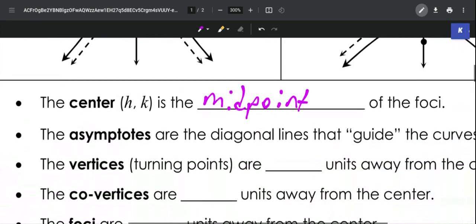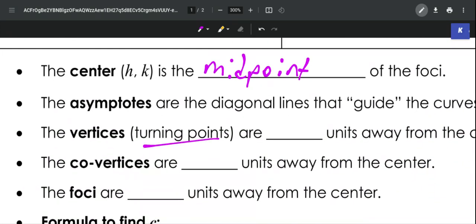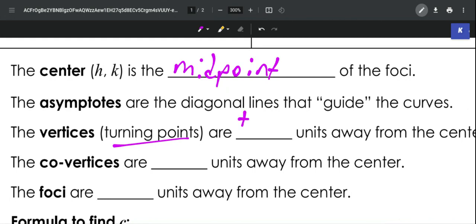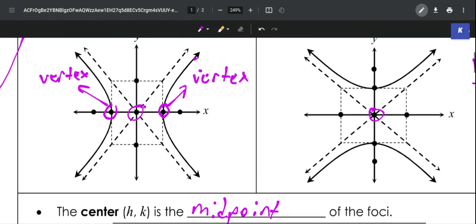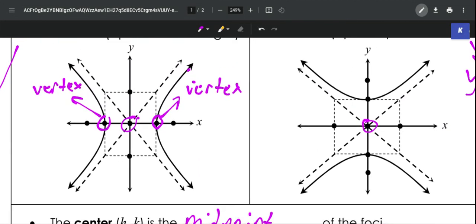A vertex is a turning point, and they are plus or minus a units away from the center. The turning point is, if we look at the vertical hyperbola, where the actual graph goes to, and then it turns upward. That's where the actual line is, for lack of a better word.